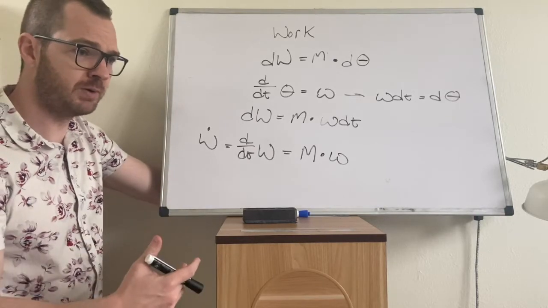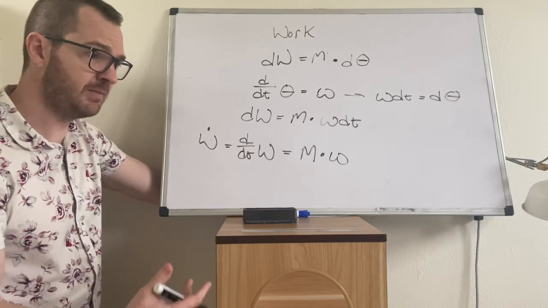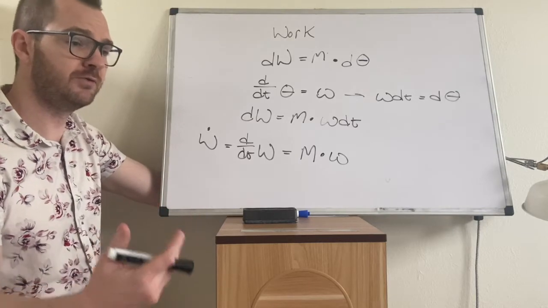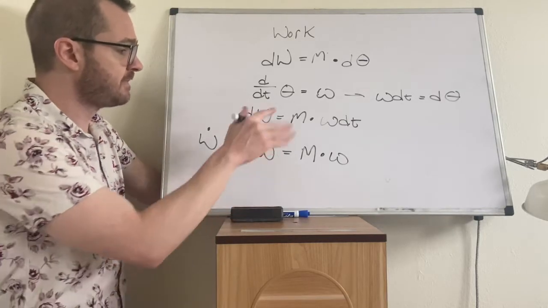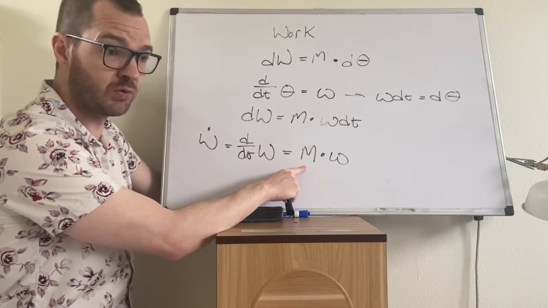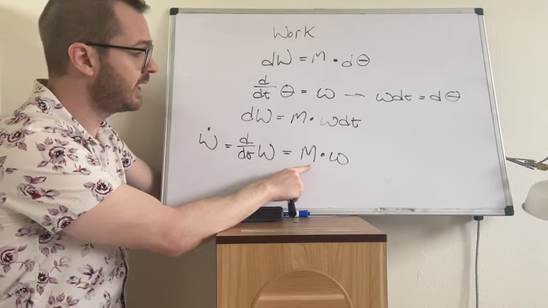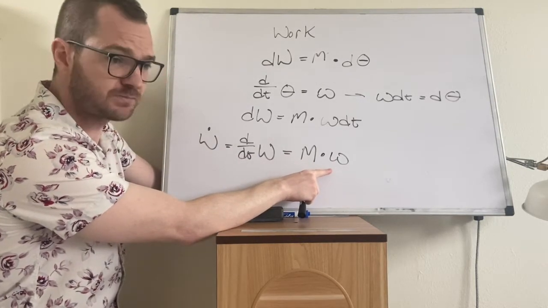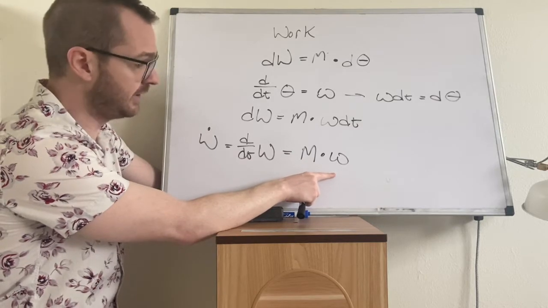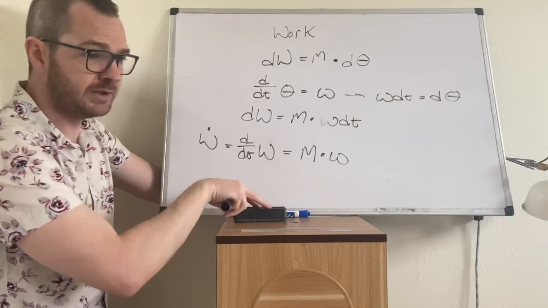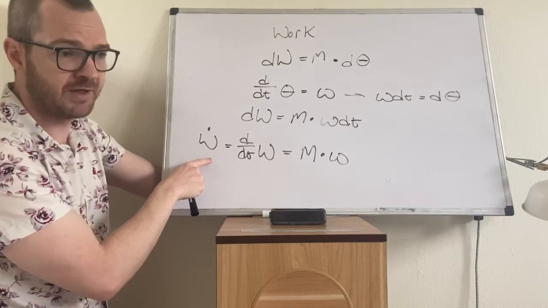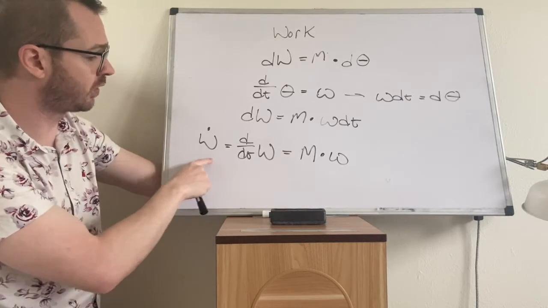The boiling of water produces high pressure, high temperature steam, and that steam is used to spin a turbine. It generates a moment or torque about that turbine, and it spins the turbine at a particular angular velocity. That is the power being generated by the motion of that turbine. That's the change in work done.